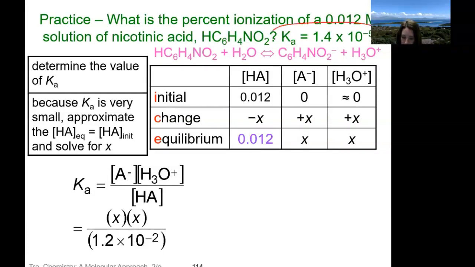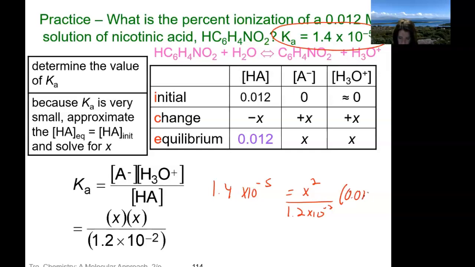We use our Ka. So 1.4 times 10 to the negative 5 equals x squared over 1.2 times 10 to the negative 2. The square root of that, when we do that, our x equals 4.1 times 10 to the negative 4.